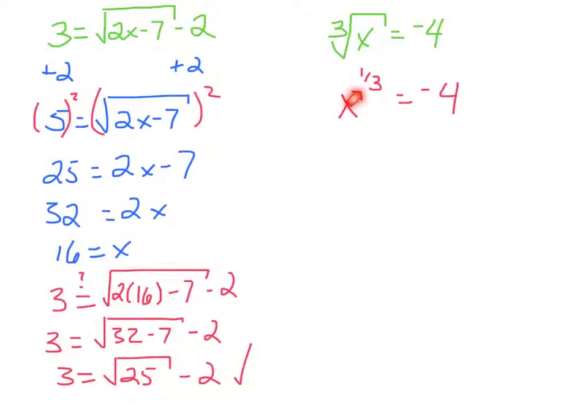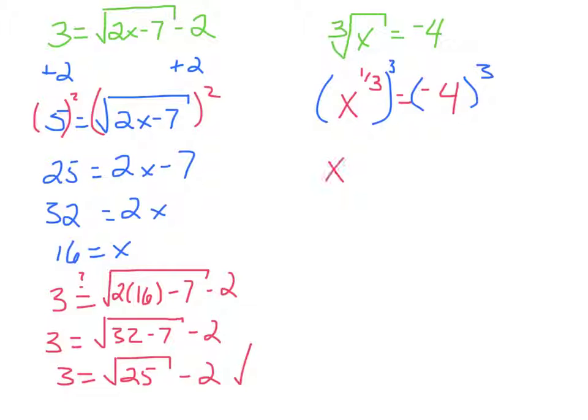Okay, and then once we decide that, we're going to raise both sides of the equation to that. And so I would say that, if you remember your exponent rules, you're really asking yourself what times 1/3 gives you 1. And so that should be 3, or 3 over 1. And so then we're going to raise both sides to 3. And I'm going to write this out the long way so you can see it.